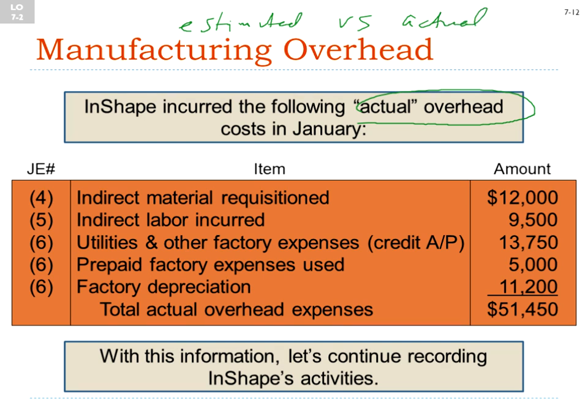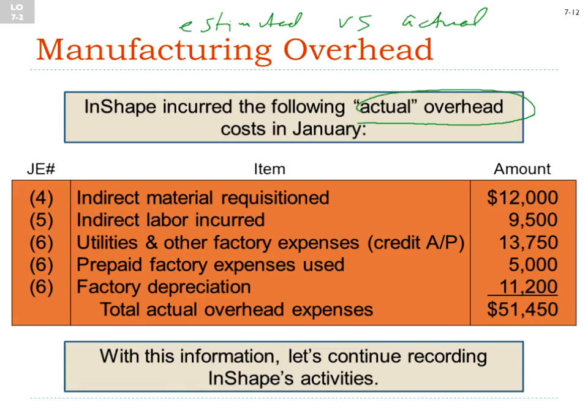Now, at some point, we do have to reconcile the two, but in the beginning, we're going to allocate overhead based on our predetermined overhead rate, and then we're also going to keep track of our actual overhead separately, and then get ready to reconcile the two at the end of the period.